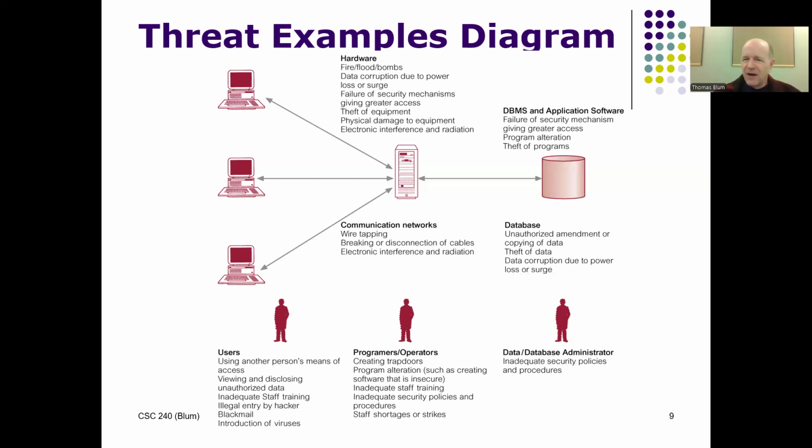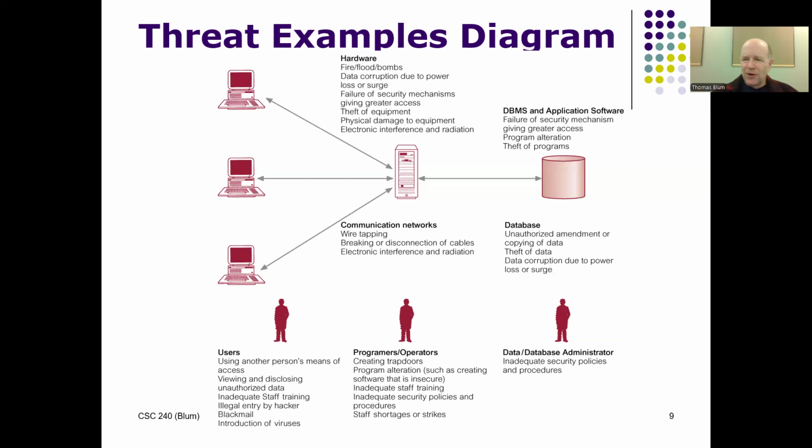So we have the hardware and software of the actual data in the database, that cylinder over there on the right. Then we have the network by which it's accessed, and then the individual machines of the users. And so there's hardware and software and people at all those levels.